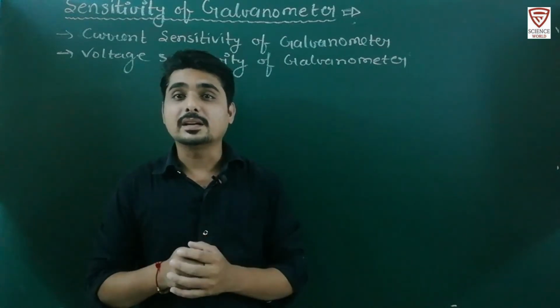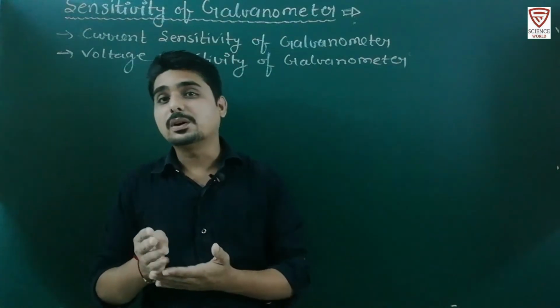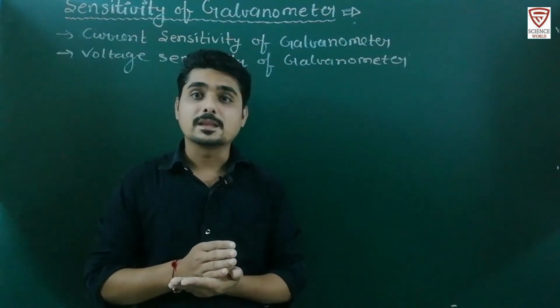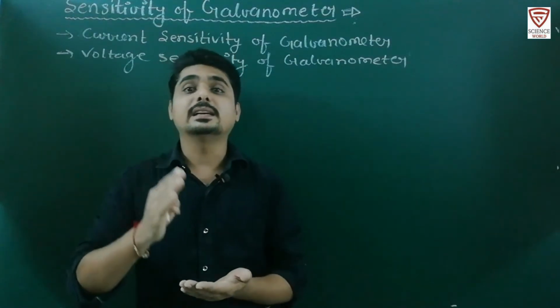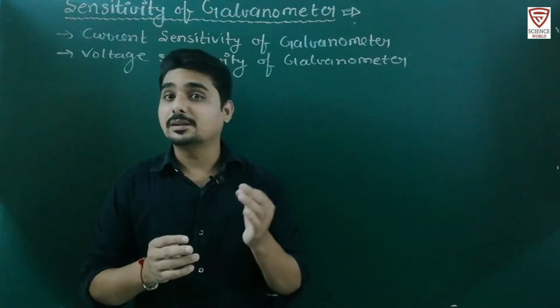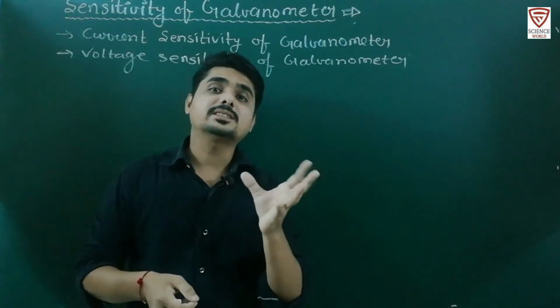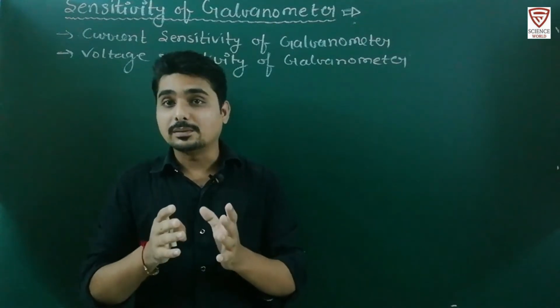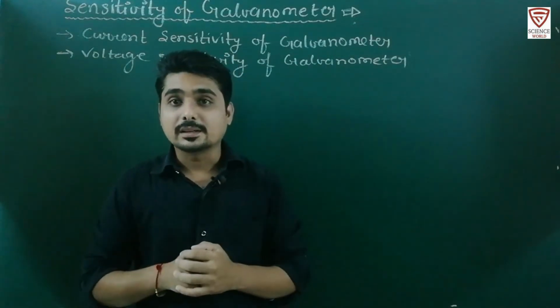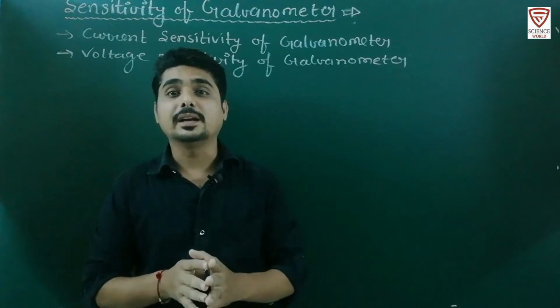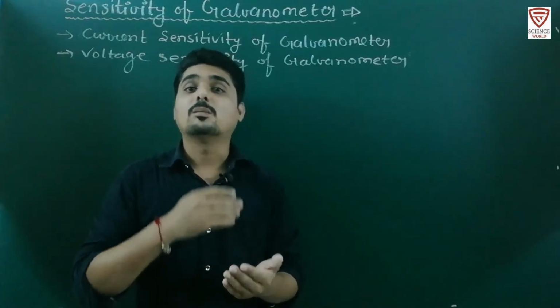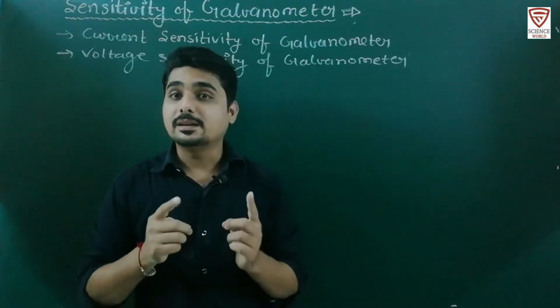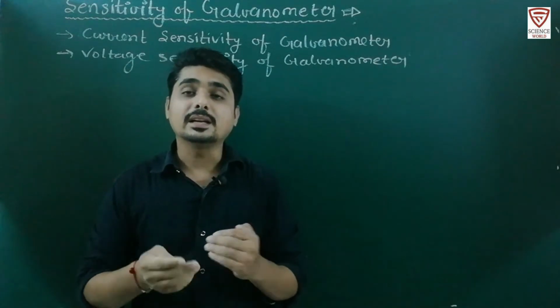In a galvanometer, we also have one input and one output. We take current as input and what is our output? Deflection in the coil is the output. So if you have two galvanometers and for the same value of current, one galvanometer has more deflection than the other, then we call the first galvanometer more sensitive.